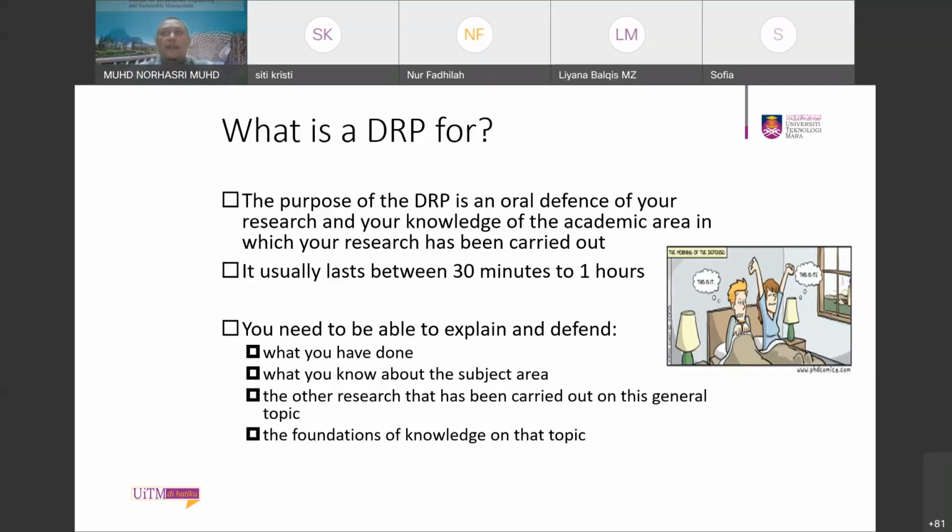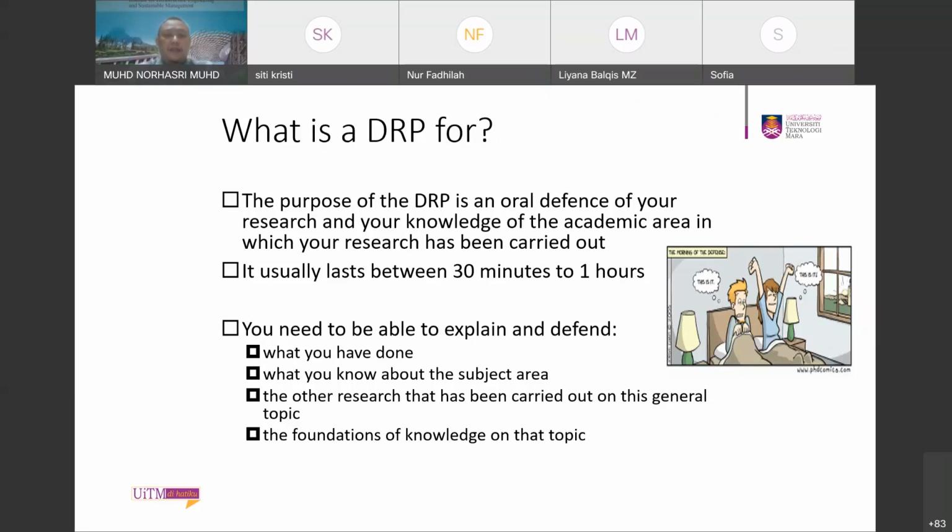For all the DRP candidates, stick to your mind: this is my work, I already know what I'm going to do. It's just a process where the panels want to see that your flow of research as a master or PhD candidate is in line.